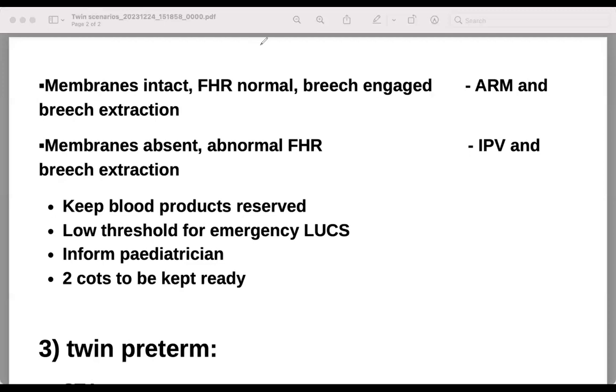That's the exact time when the consultant will come to you. The consultant will come and do an assessment, either to go for breech extraction or cesarean section, because he will come, examine, assess and decide.